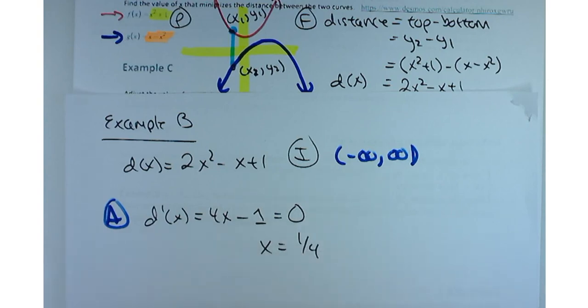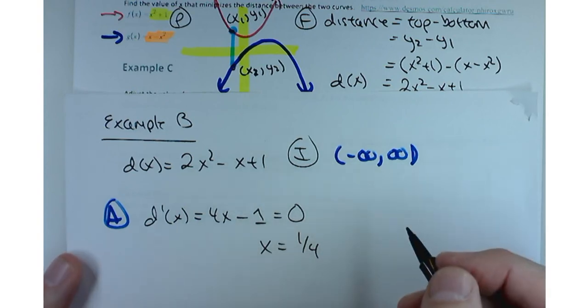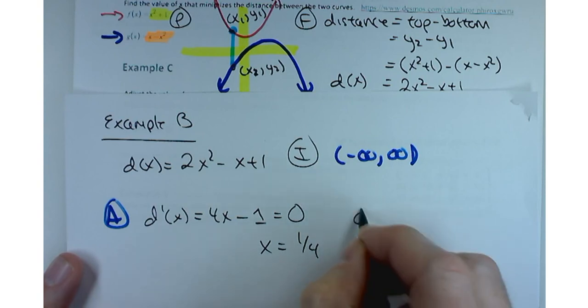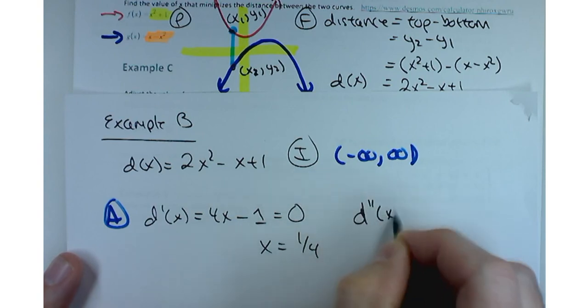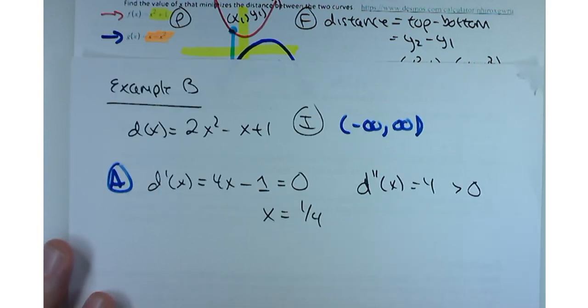So, okay. Now, how do I assure myself that that's actually a minimum? What's the second derivative? Yeah, in this one, I would use a second derivative test. So, Joshua, what's the second derivative here? Just 4. Yeah. D double prime of x equals 4, which is always positive.